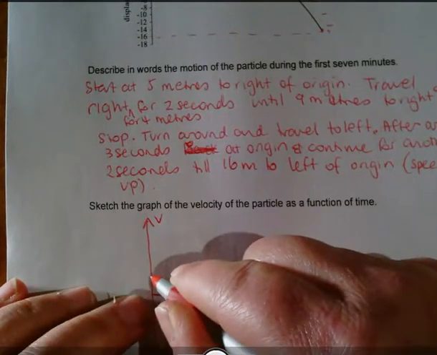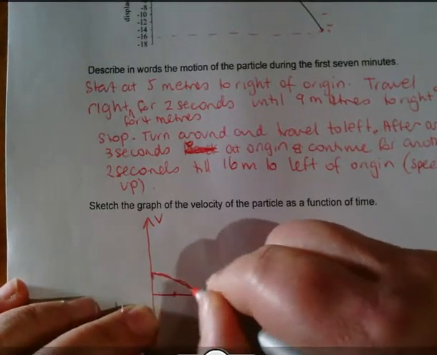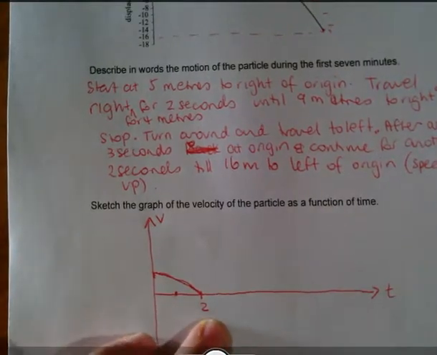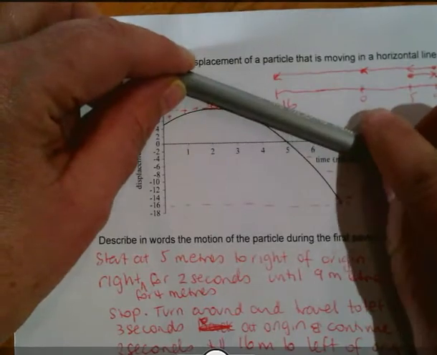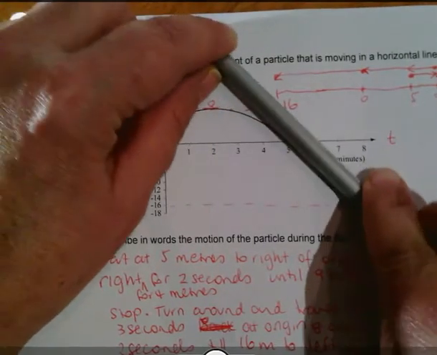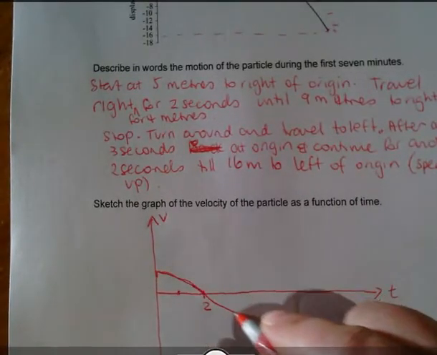So it's going to start up here and it's going to go down there, but we're not exactly sure of the shape of the curve, okay? And then after 2 seconds, my velocity is negative, and I've got small values, and then I've got bigger, bigger negative values. So I know that my velocity is negative afterwards.